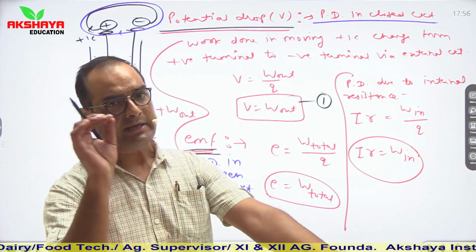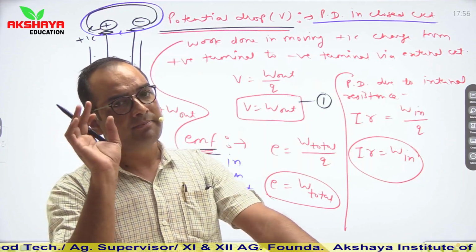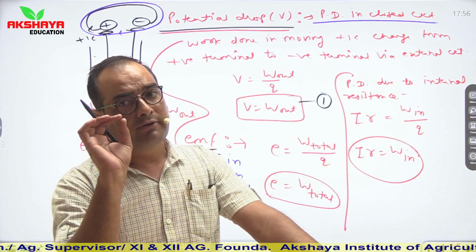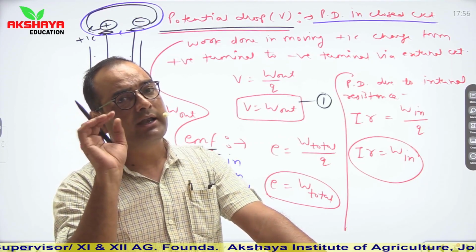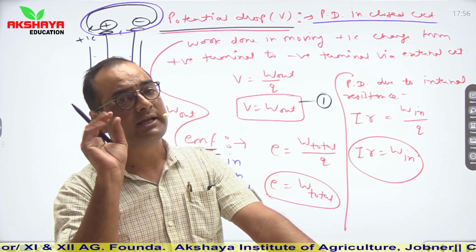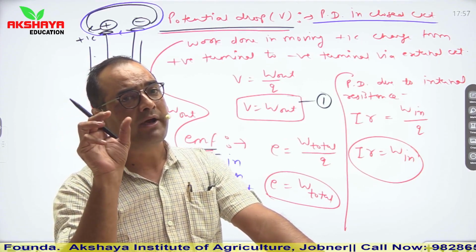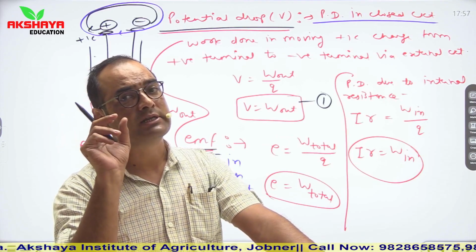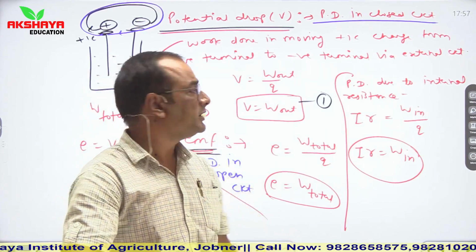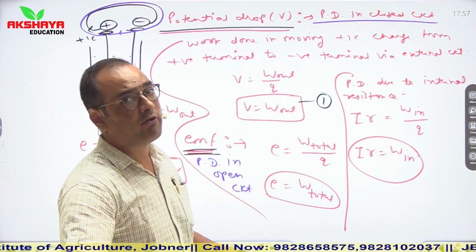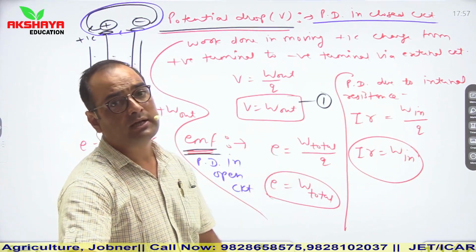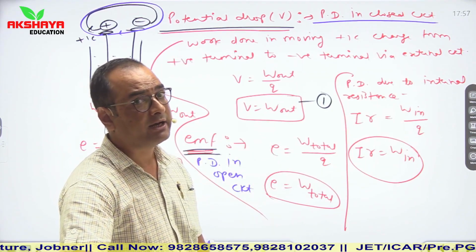Whenever we purchase any cell from the market, a value of a certain voltage is printed on it. Let us say if we purchase a pencil cell, then 1.5 volt is printed on it. So this 1.5 volt is the EMF of that cell. It means it can give a maximum value of 1.5 volt to any appliance connected with it.